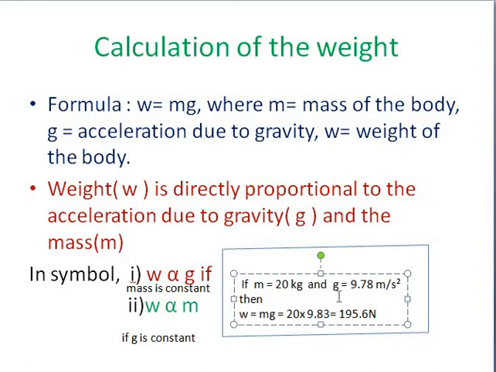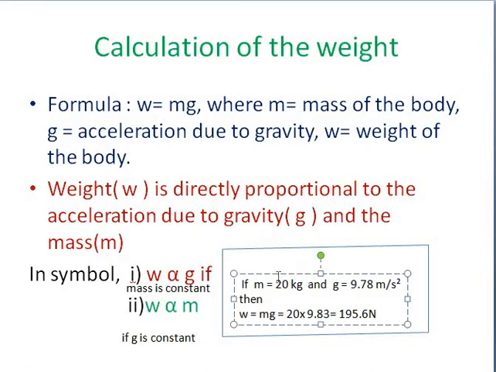So we have calculated the weight of the body of mass 20 kg at different places. At the surface, where g is 9.8, it was 196 newtons, and at polar regions, when the value of g is 9.83, it is 196.6 newton, and in the equatorial regions, the value of g is 9.78 meter per second square, so the weight is 195.6 newton.